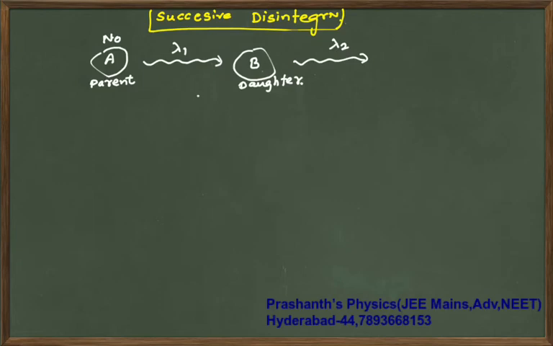So at time t equal to 0, A has n naught nuclei, B has 0 nuclei, and the end product C also has 0 nuclei.